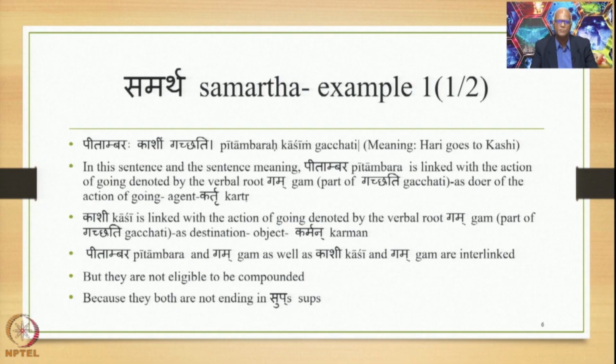But as we have already seen, they are not eligible to be compounded because Pitambara and Gama, as well as Kashi and Gama, are not both ending in sup pratyayas. Pitambara ends in sup pratyaya, but Gam ends in ting pratyaya. Kashi ends in sup pratyaya, but Gama ends in ting pratyaya. And we have already seen that a compound in Sanskrit is possible only between two subantas and not between a subanta and a tinganta.